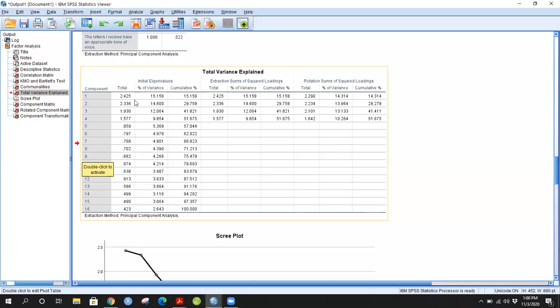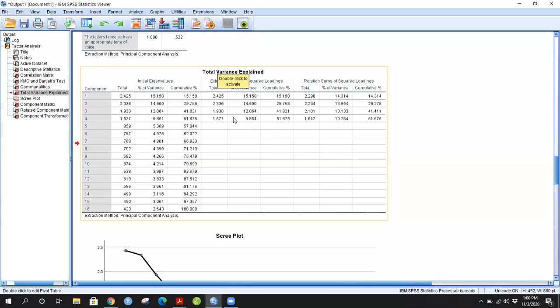Since eigenvalues are quality numbers, we take all those where the eigenvalue is at least 1. We see that for the first 4 components, the eigenvalue is greater than or equal to 1. So these 4 components get extracted and I enter my panel 2.